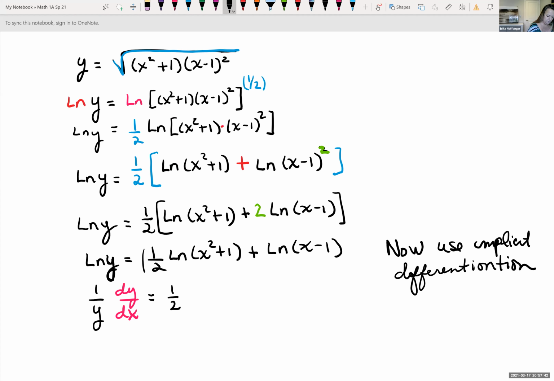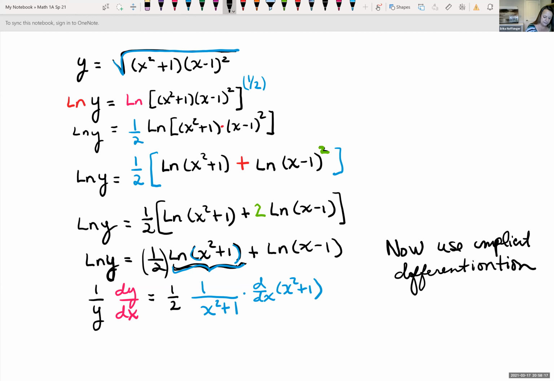1/2, our coefficient, leave it alone. Now let's take the derivative of this natural log of x squared plus 1. It's always 1 over what you're taking the natural log of, which is x squared plus 1, times the derivative, I'm just going to write it, d dx of the inside, x squared plus 1.